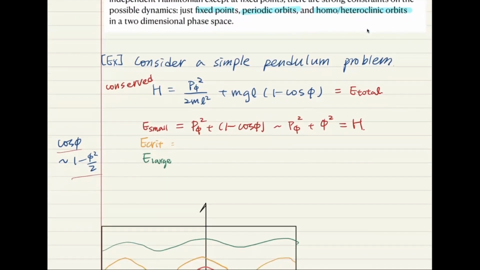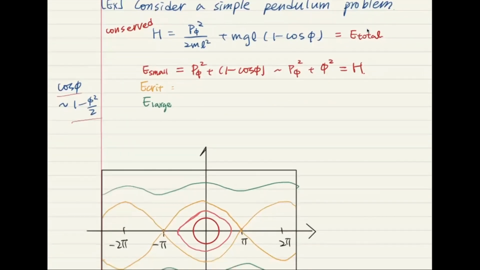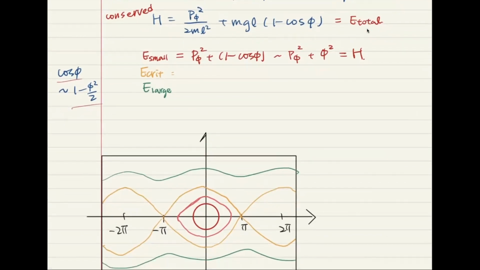All right, so let's go ahead and try to plot out the trajectory for this Hamiltonian. Because the Hamiltonian is a conserved quantity, let's scan throughout this Hamiltonian, or you can say total energy, from small energy to large energy.